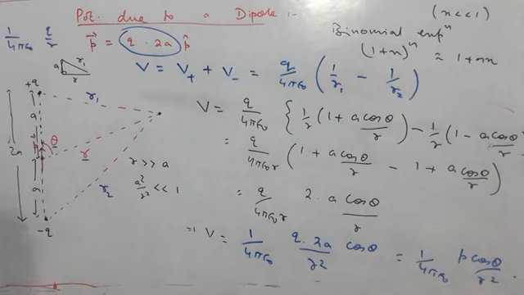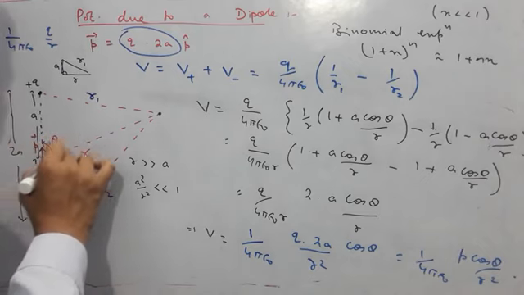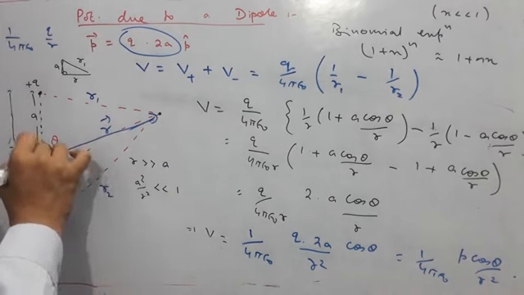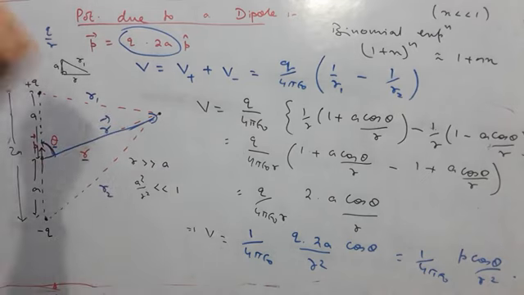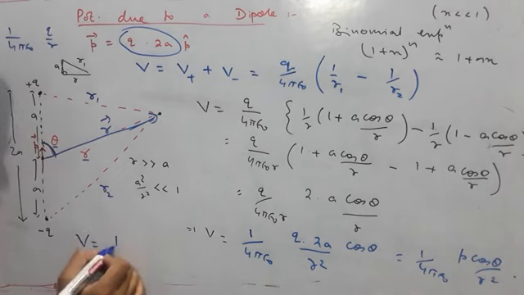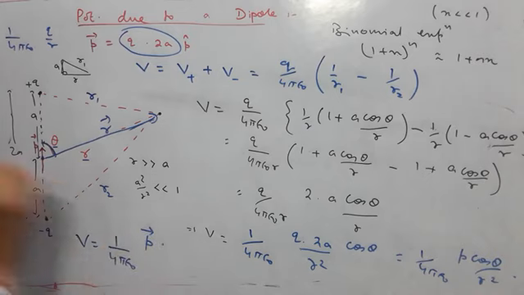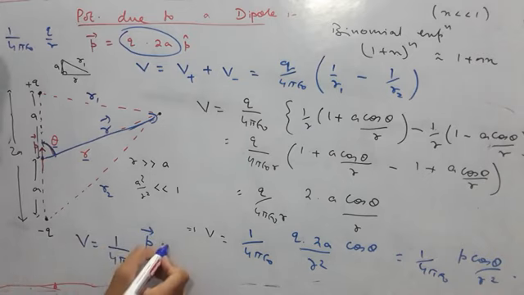That is the value of potential due to a dipole at an arbitrary point which is at a distance r from the center, and this is our r vector. That r vector makes angle theta with P vector. I can also write this expression like so: V is 1 by 4 pi epsilon naught times P cos theta, which I can write as P vector dot r cap upon R square.